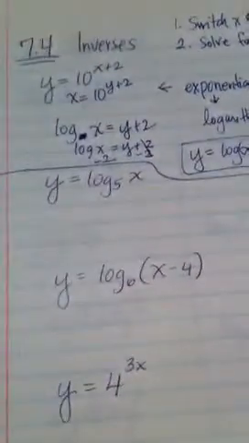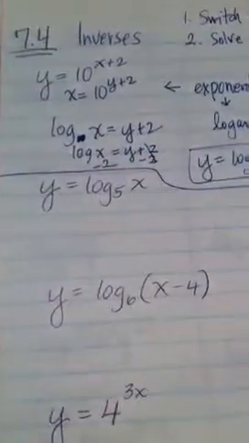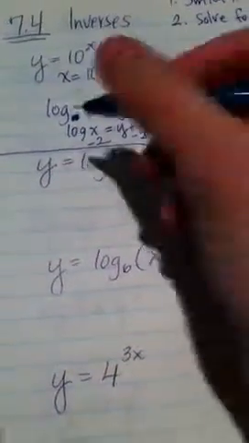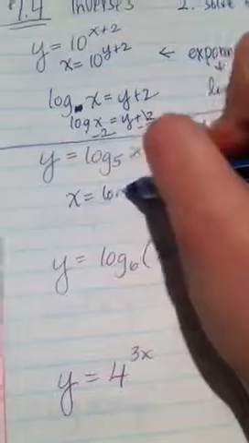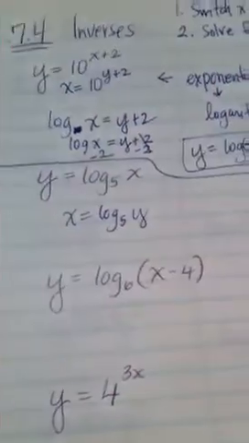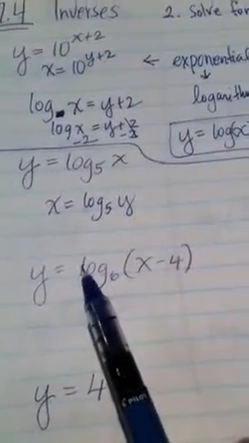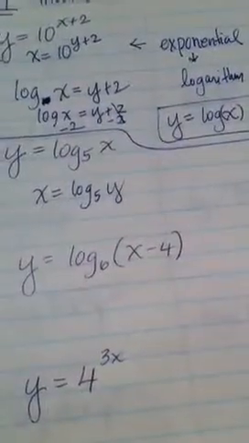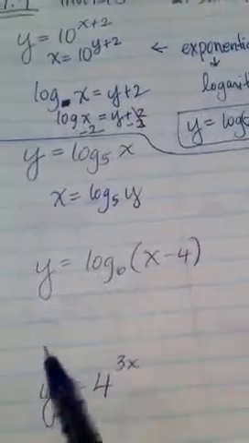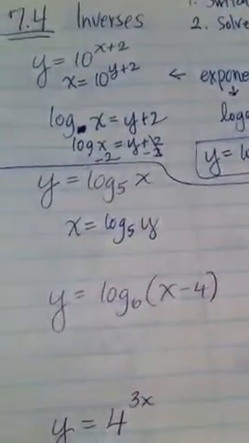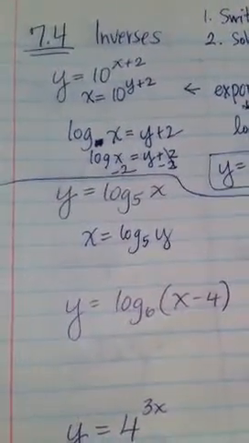Let's look here. Okay, so first, switch the x and the y. Now, ask yourself, is this in log form or is it in exponential form? It does have a log, so that means it is in log form. So I'm going to write it in exponential form.